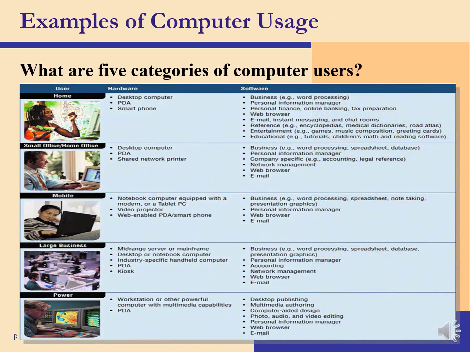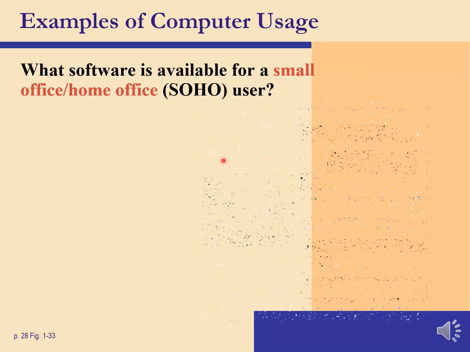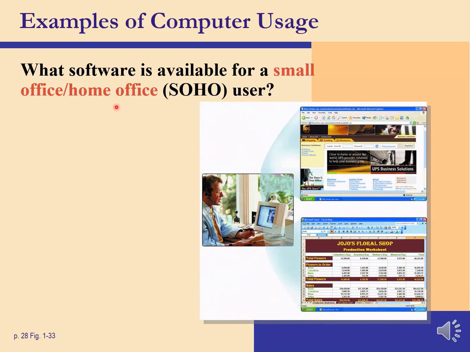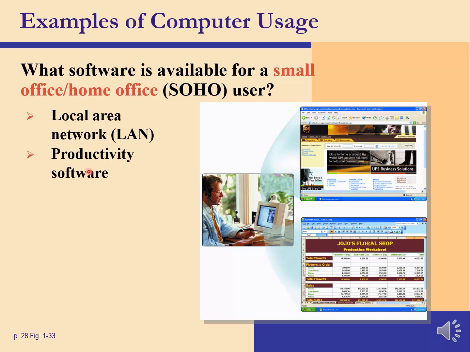What are the 5 categories of computer users? There are small computers, that's home computers, office computers, and also servers or workstation computers. These pictures show different types of computers. What software is available for small office, home office users?